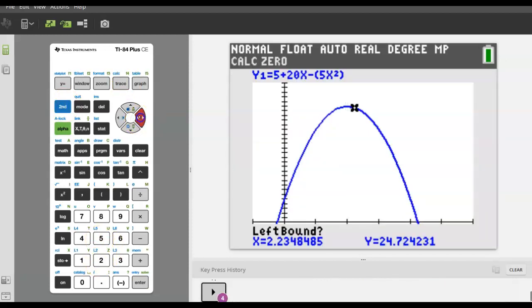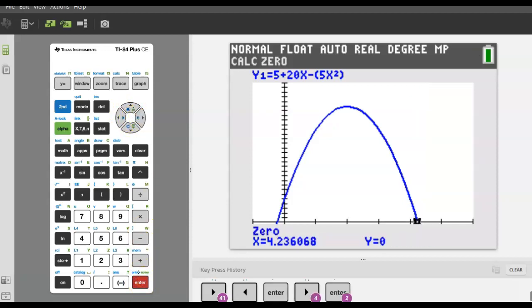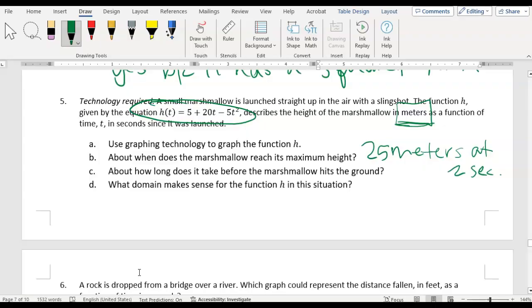I'm going to move close, maybe. This is taking quite a long time to get there. All right. So left bound, enter, and then I'm going to go right bound, enter, have a guess, and it's 4.236, so 4.24, right?